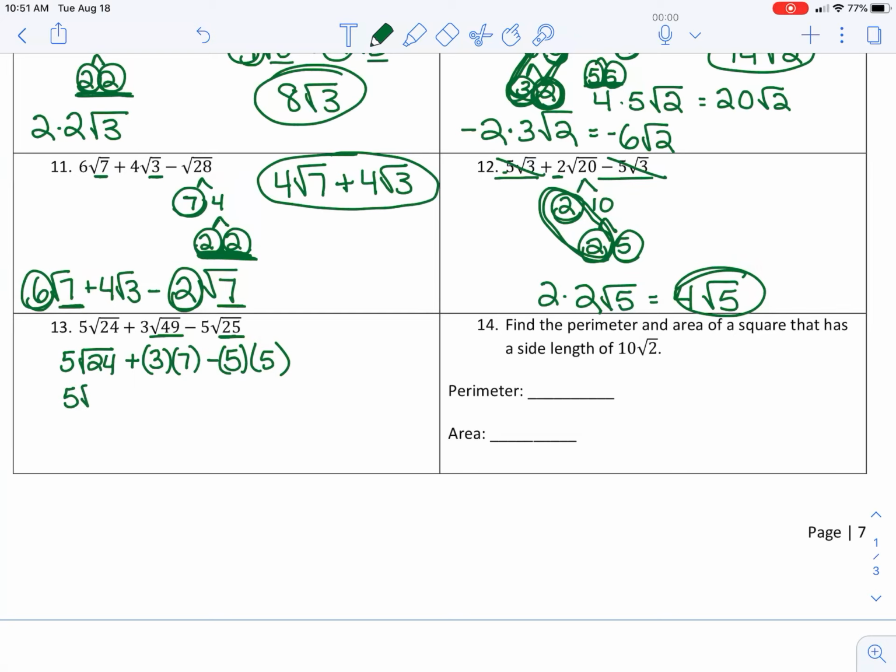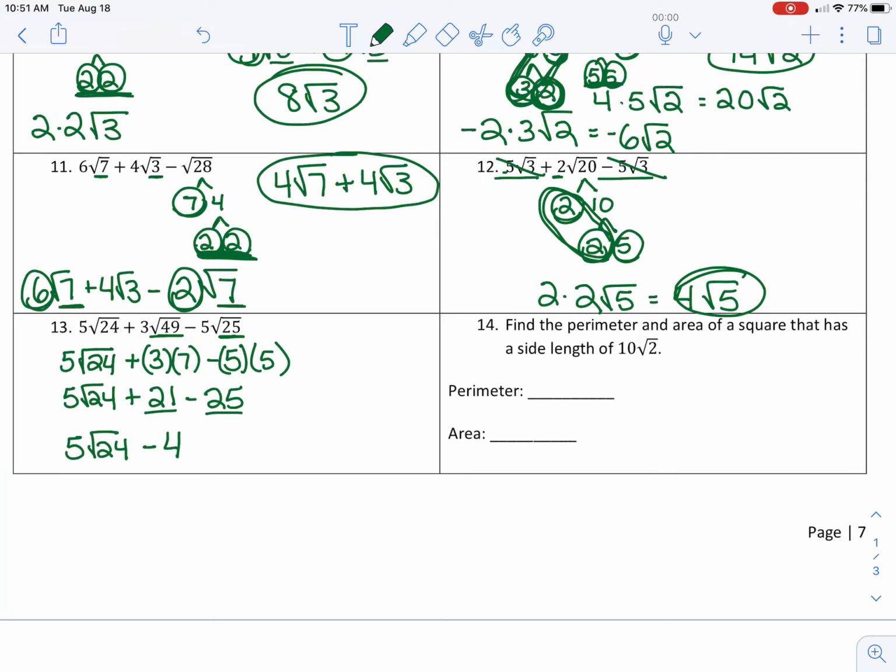So I'm going to say, well, 5 root 24 plus, I have 21 minus 25. So again, these are my constants. I can go ahead and add those together. So I have 5 root 24. 21 minus 25 is going to give me -4.